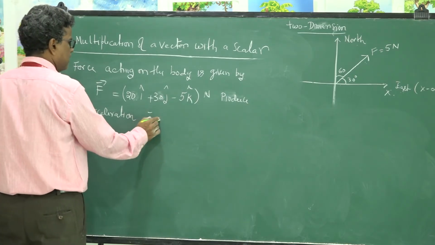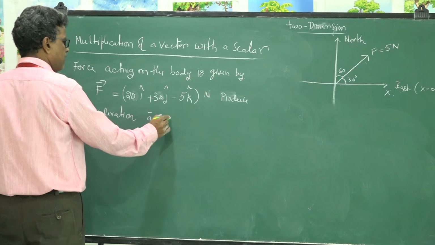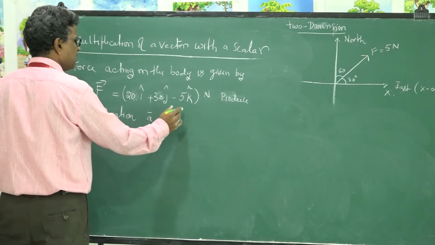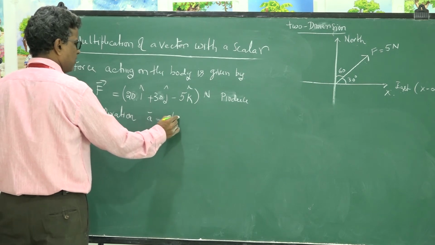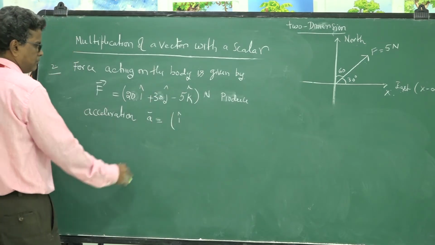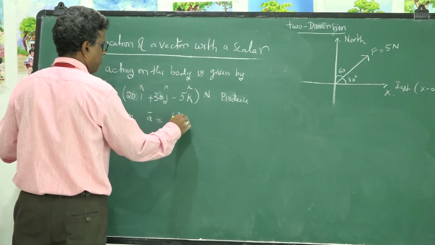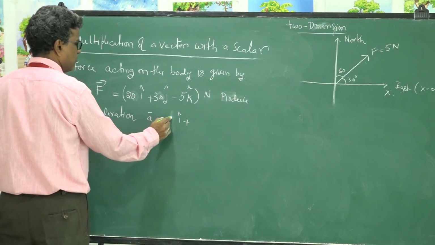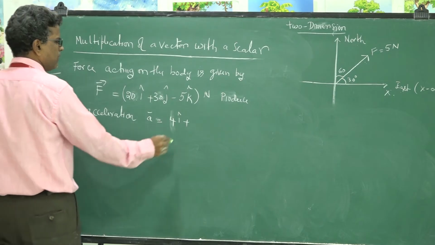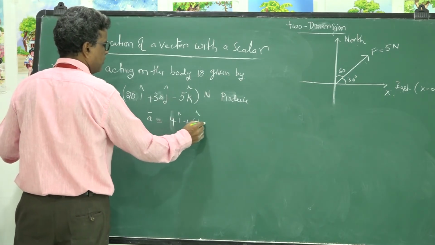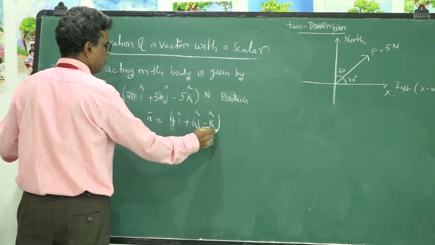The acceleration is given by a bar is equal to 4 i cap plus 6 j cap minus k cap.